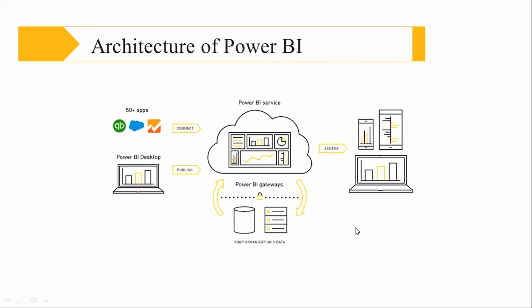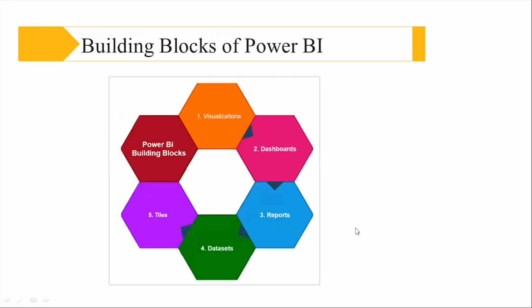Basically, your Power BI services goes on by your organization data. So through a gateway, I told you last time that there is a Power BI gateway, which is nothing but a secure platform from where your organization data or any of the secure network data can be accessed. So that's basically the architecture of Power BI and how it is built.